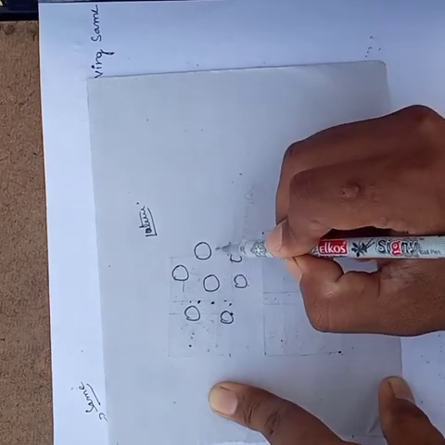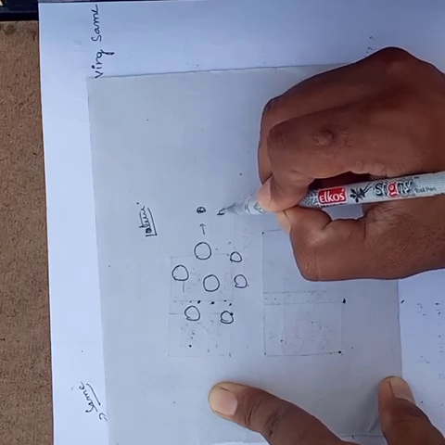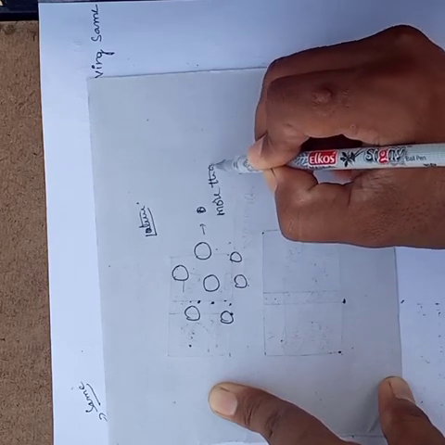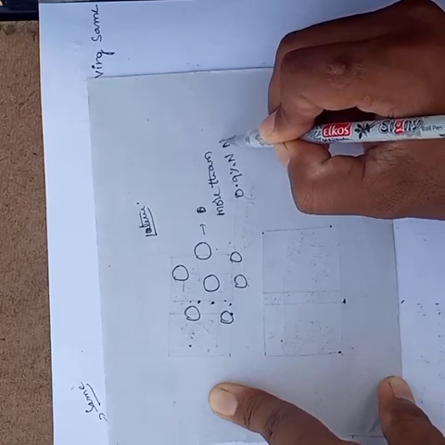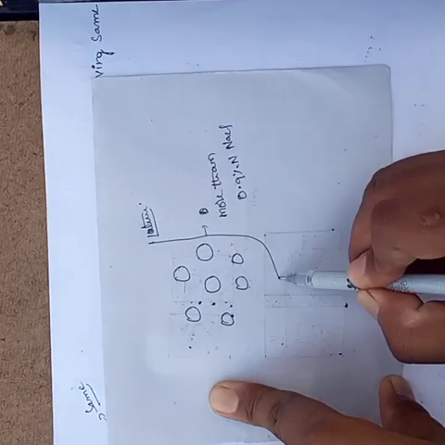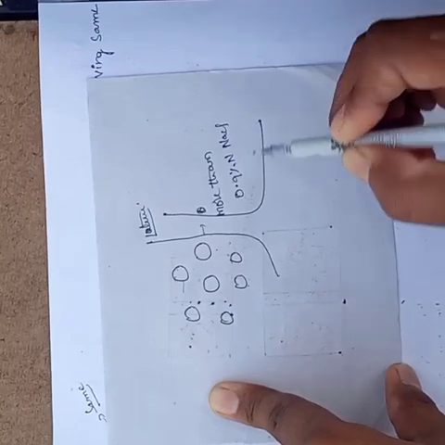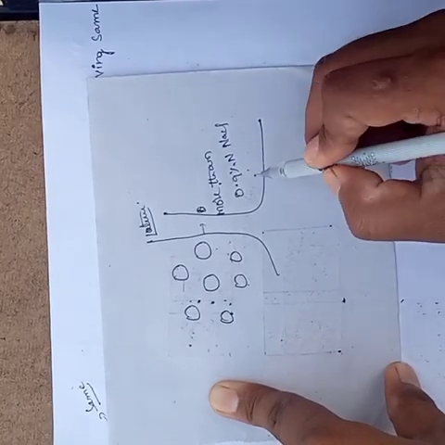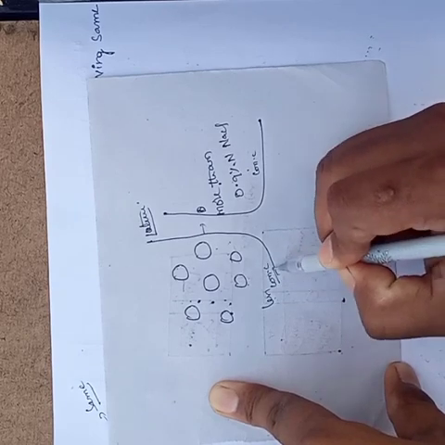Now if we keep these RBC cells in more than 0.9% normality sodium chloride, what will happen? Here this is one solution and this is another solution. This solution has more concentration and this one has less concentration.